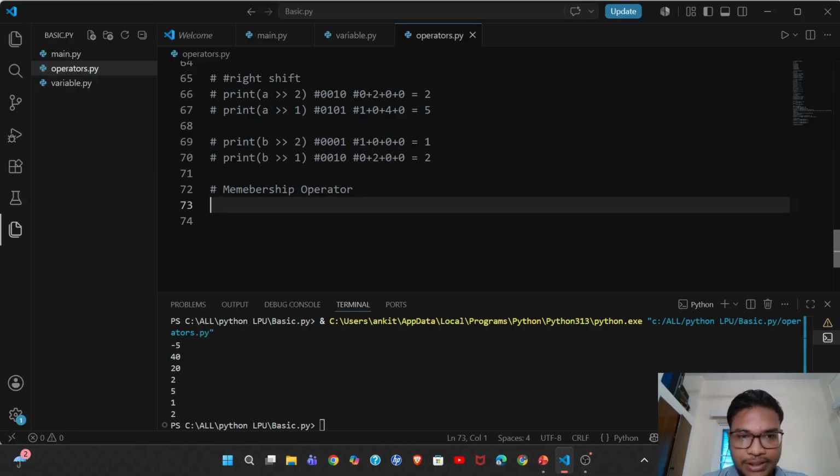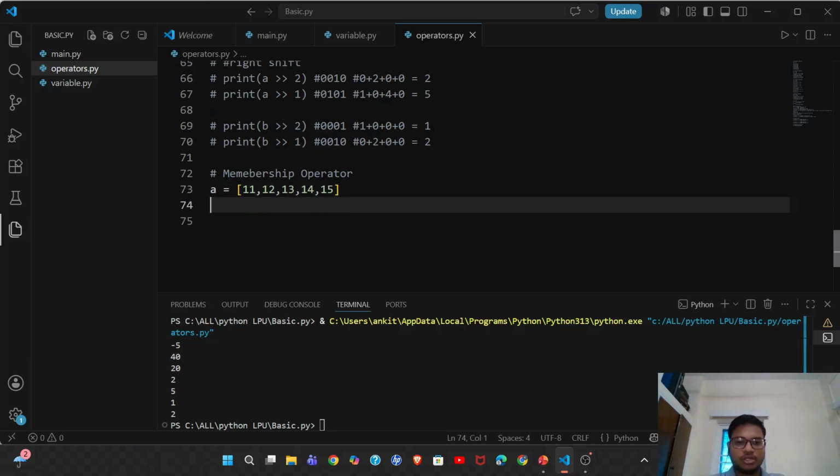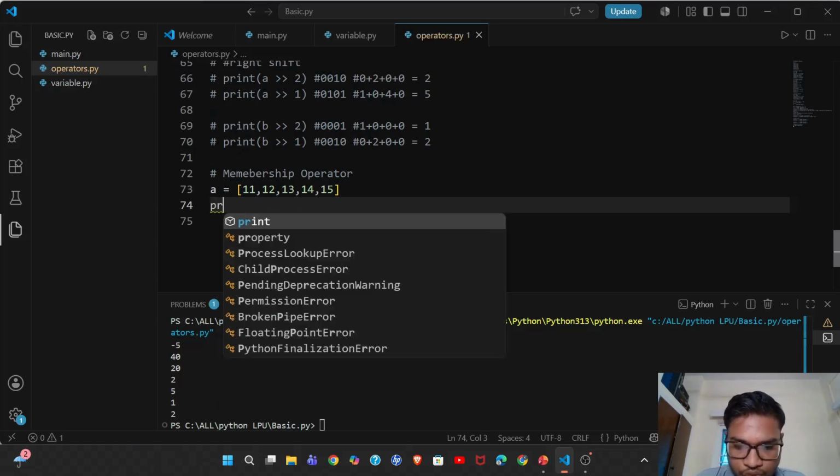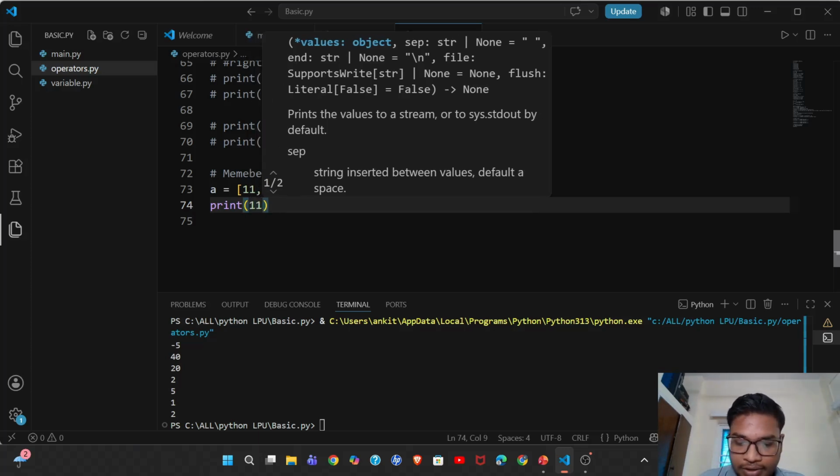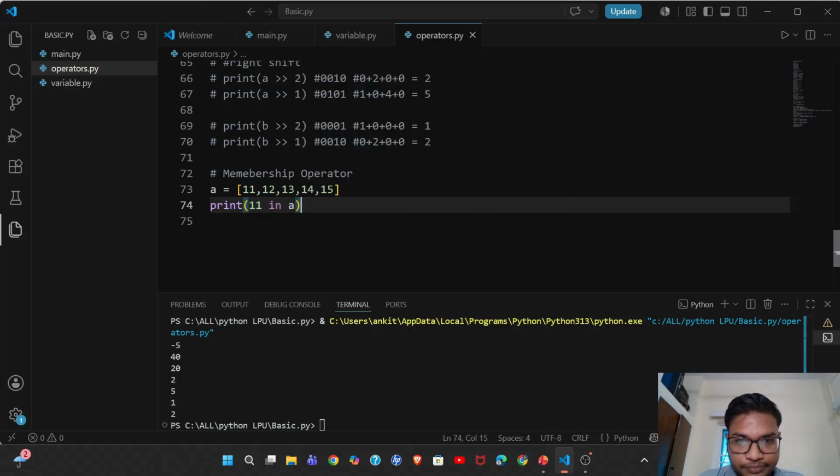So let's do it practically. Like if we take another list. Okay, A equal to, create a list with square brackets: 11, 12, 13, 14, 15. Okay, this is the list. We have to use a membership operator here. So print 11 in A. Okay, the output is true.